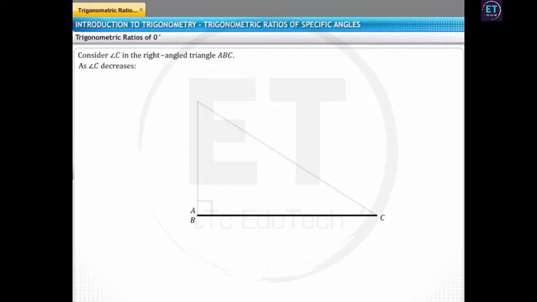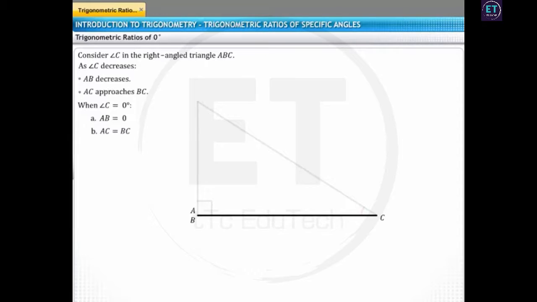As angle C decreases, the length of AB decreases. At the same time, point A approaches point B, so that length AC approaches length BC. When angle C becomes 0, we can say that the length of AB, the side opposite to angle C, also becomes 0.